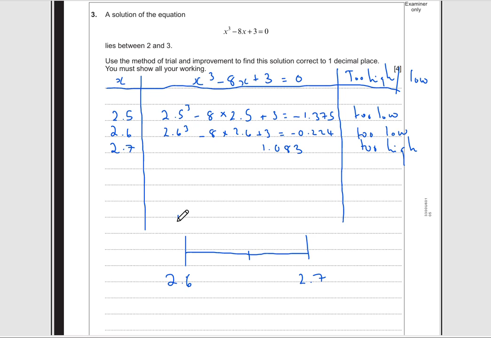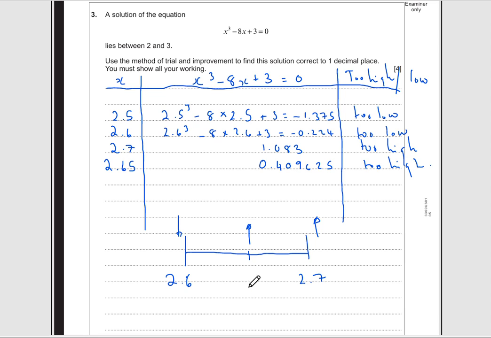Okay, so 2.6 too low, isn't it? 2.7 too high. Let's work out 2.65. So back to the calculator, and that should give you an answer of 0.409 and so on, which is too high.